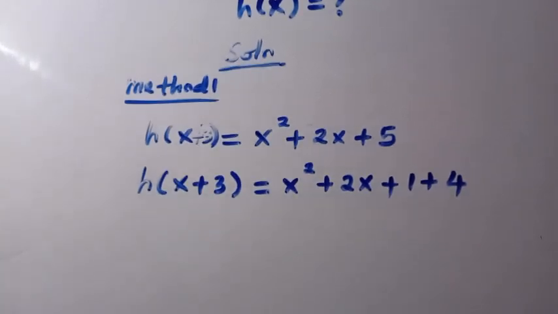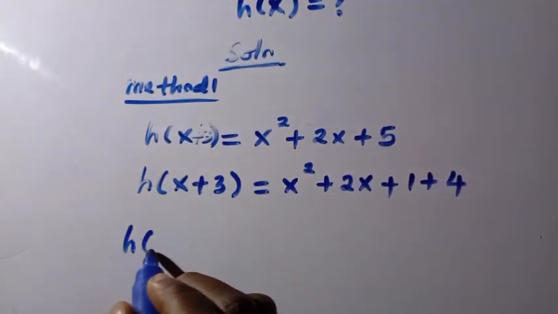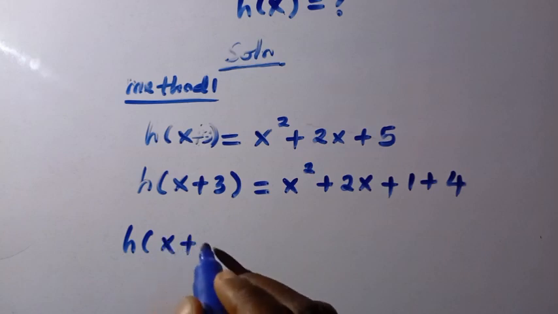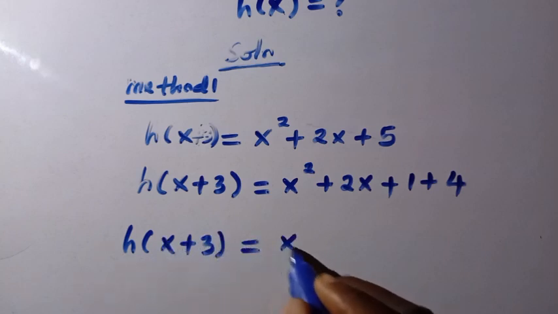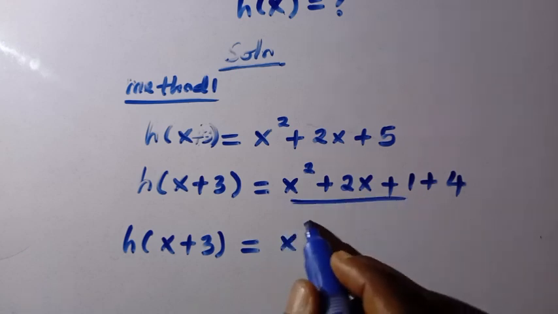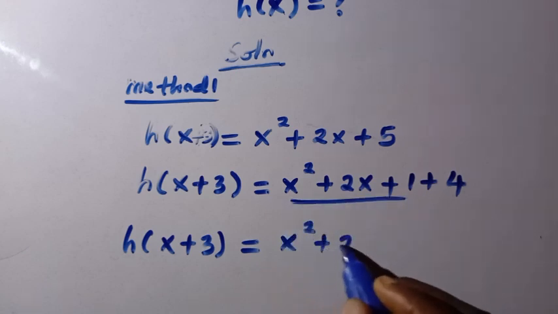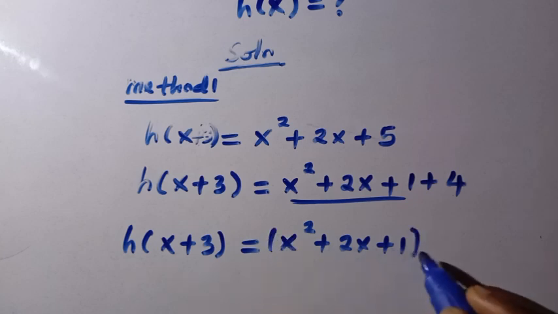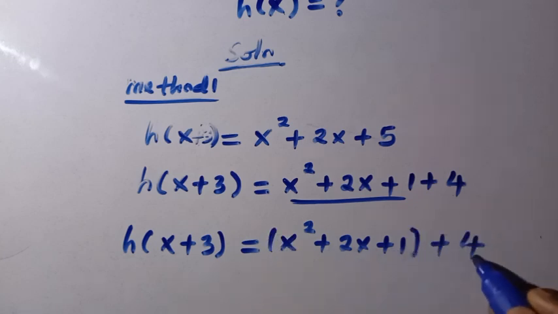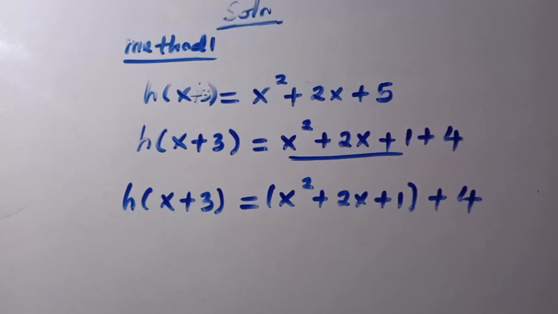So we proceed by writing h of x plus 3 equals, if I combine this together, x squared plus 2x plus 1, all this in bracket, plus 4.